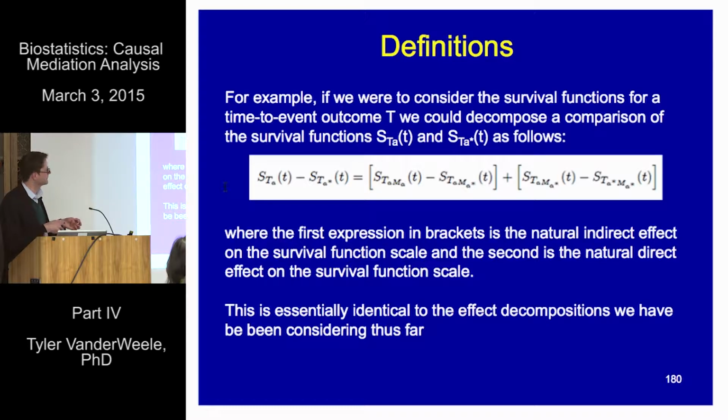We're asking, what's the time of the event if we were to fix the exposure to 1 and change the mediator from what it was under the absence of exposure to what it would be in the presence of the exposure? That's our natural indirect effect, same as before. And likewise, for our natural direct effect, we fix the mediator to what it would have been in the absence of the exposure, we change the exposure from absent to present, and we see how that changes the time to event outcome, specifically here the survival function at time t.